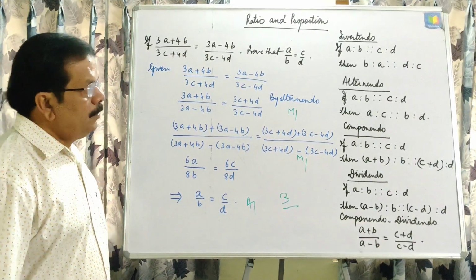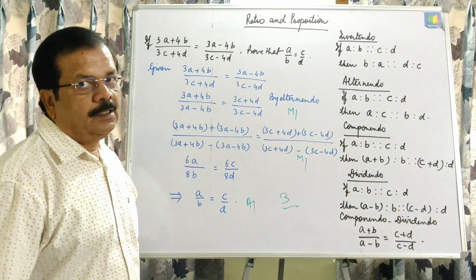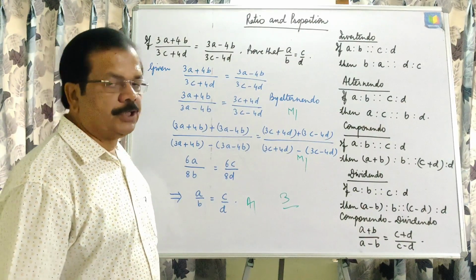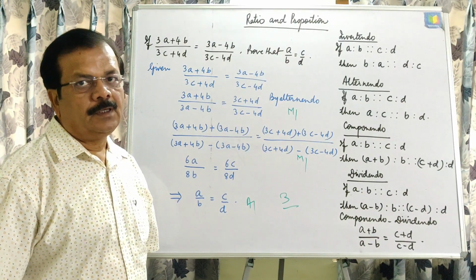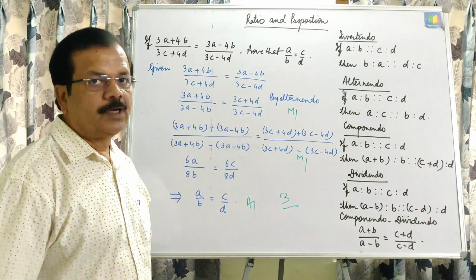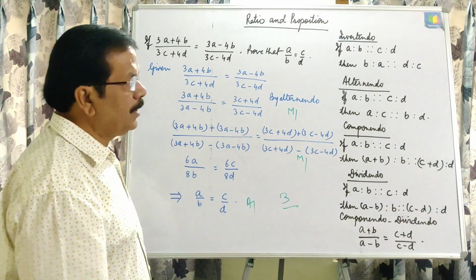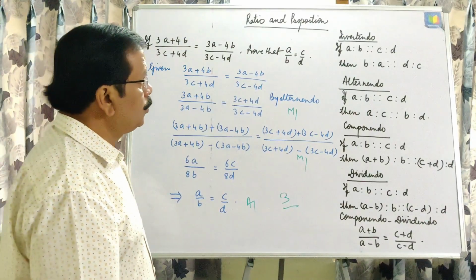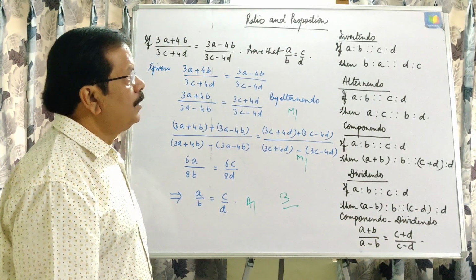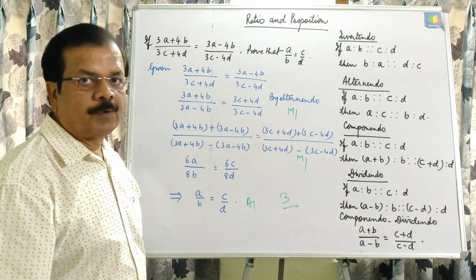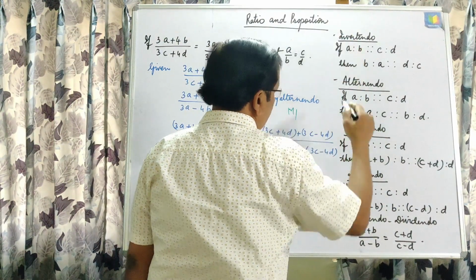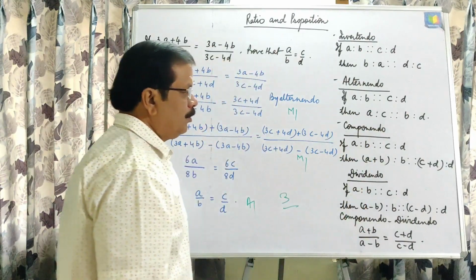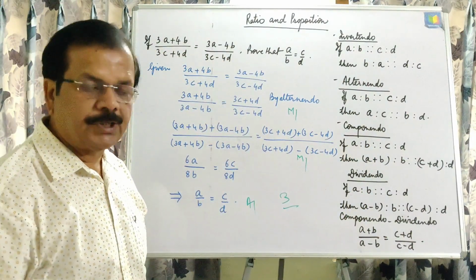Now we already studied the meaning of proportion, mean proportion and continued proportion. Now this is the last topic, in which you should know the meaning of invertendo with the help of proportion, the property of alternando with the help of proportion, and the property of componendo and dividendo with the help of proportion.